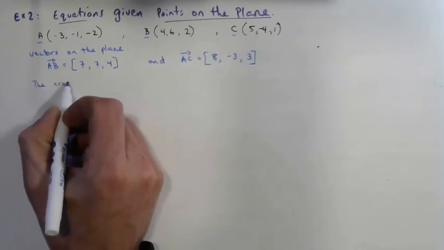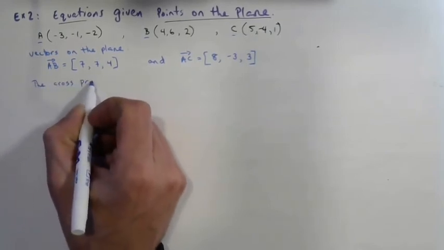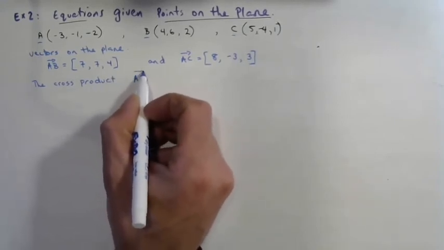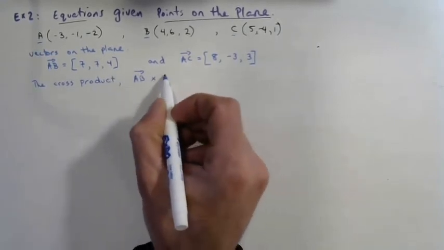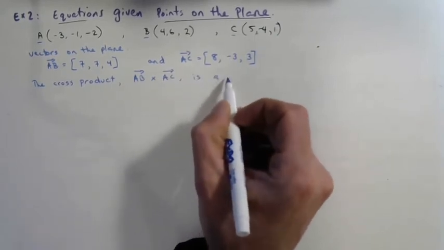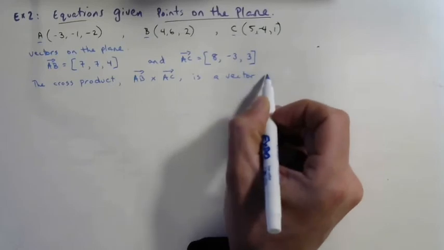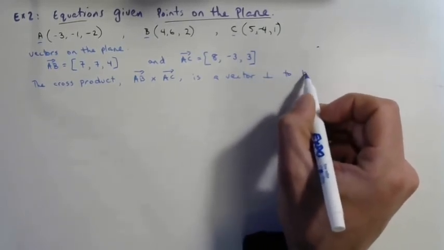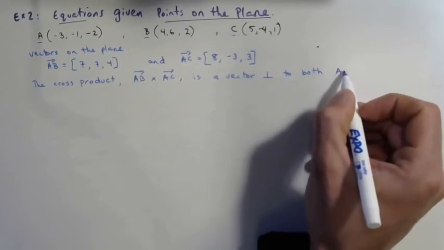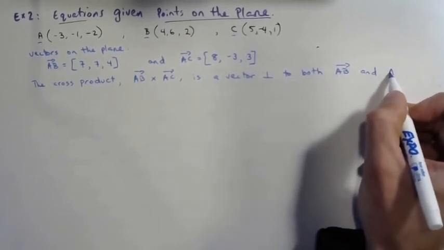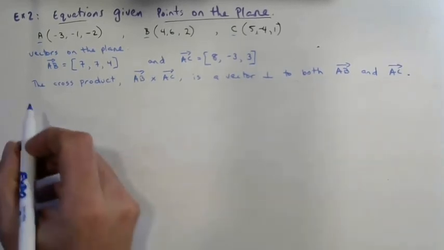The cross product AB cross AC is a vector perpendicular or orthogonal to both AB and AC. So here we go.